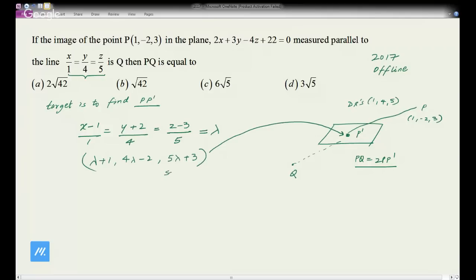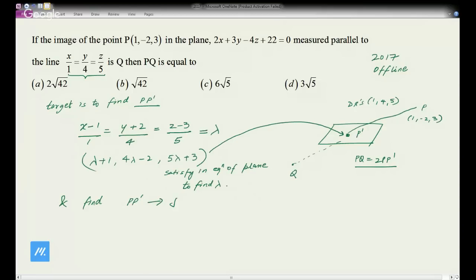So satisfy it in the equation of the plane to find lambda. Finding lambda, I'm leaving this because this is just a calculation, and find PP dash using the distance formula.